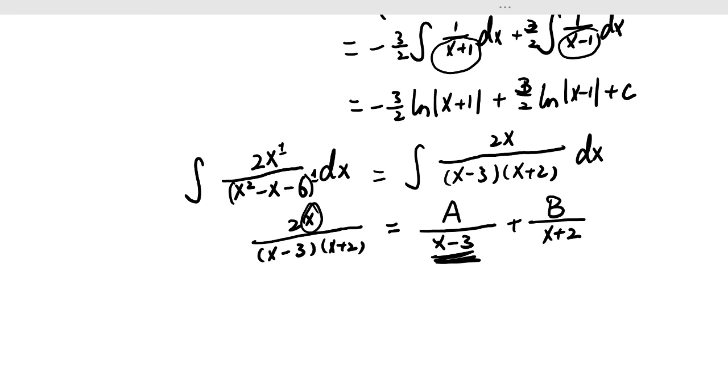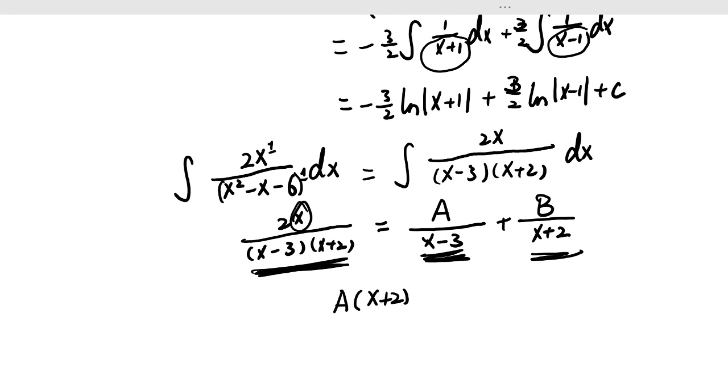Now let's continue with the fractions right here. So the first part will be A times x plus 2, because our common denominator will be x minus 3 times x plus 2, plus B times x minus 3, and the whole thing added up should equal 2x.